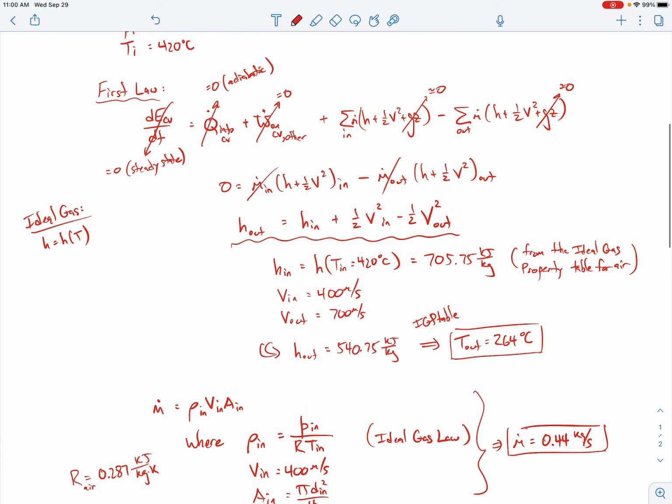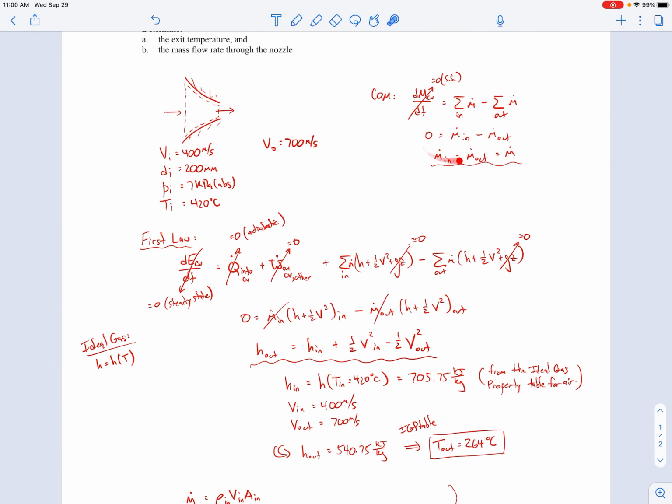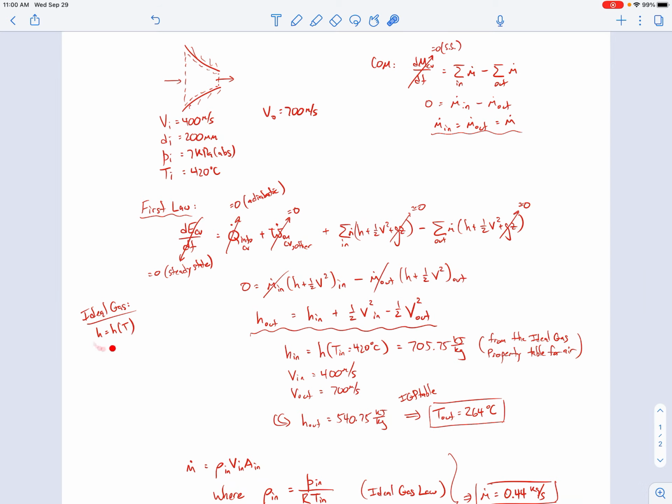Okay, so for part A of this problem, it was a matter of applying the first law and making some reasonable assumptions: steady state, adiabatic, no work other than the boundary work at the inlet and outlet. A little application of conservation of mass at the same time, and then recognizing again that specific enthalpy is only a function of temperature, and making use of the ideal gas property tables.